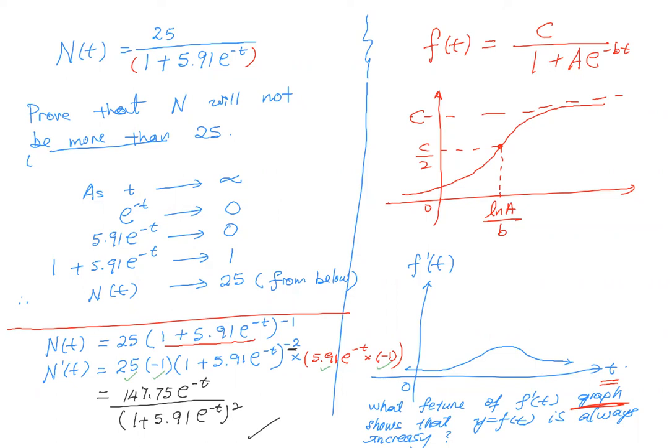That's why you have to be very versatile when you do your maths. You have to look at the situation, then decide what to do. Okay, anything else? So please remember, when you differentiate, you remember how to do. You don't just remember the formula.